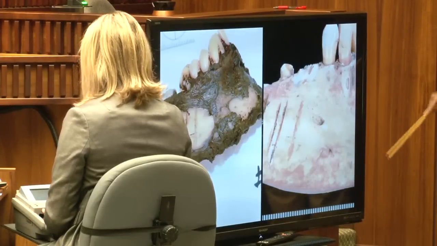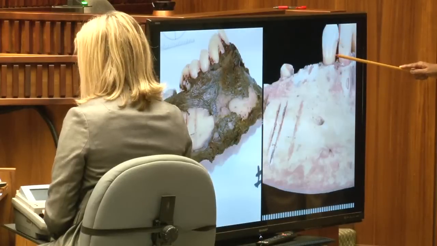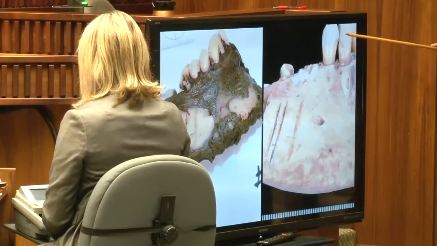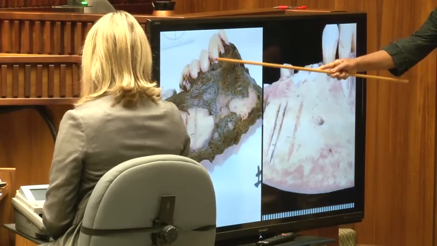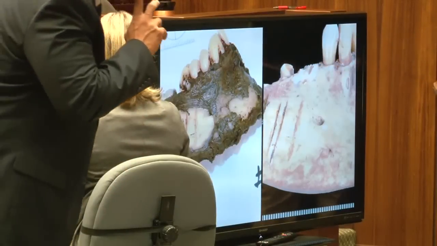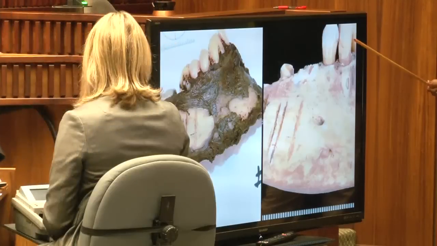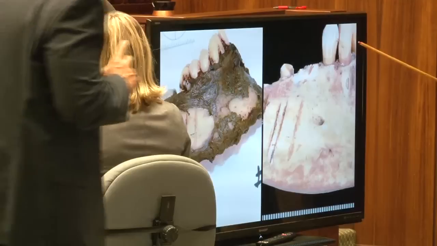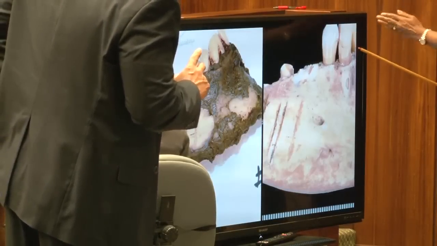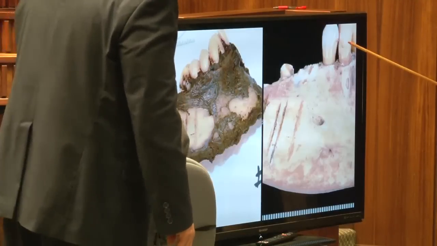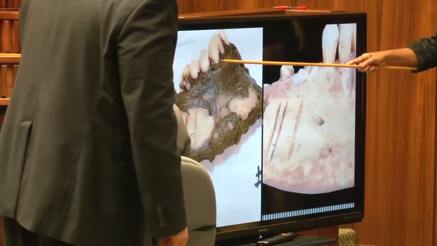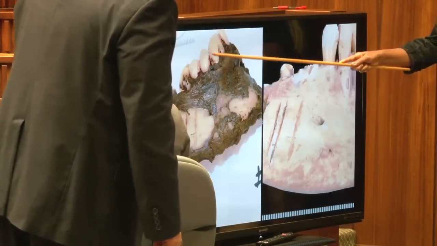Okay, using these two photographs, does that help show what you're talking about? Yes. The tooth that is shown here is the same tooth as this one. And let me make a record of that, because you first pointed to State's Exhibit 410, and which tooth did you point to? This tooth, the one that's completely shown to the right of the photograph. All right, and that tooth corresponds to the tooth shown on this photograph, in Exhibit 232.